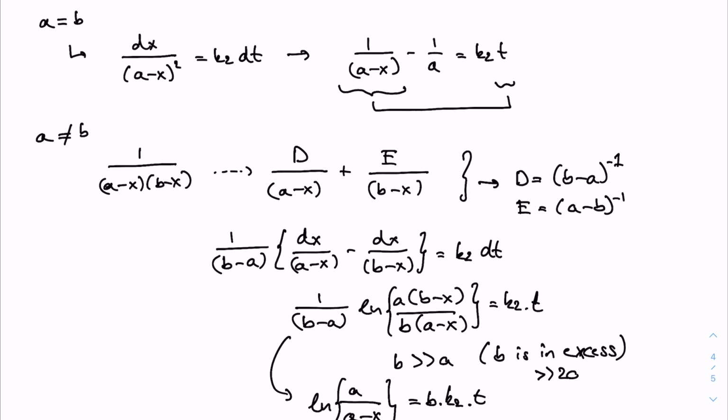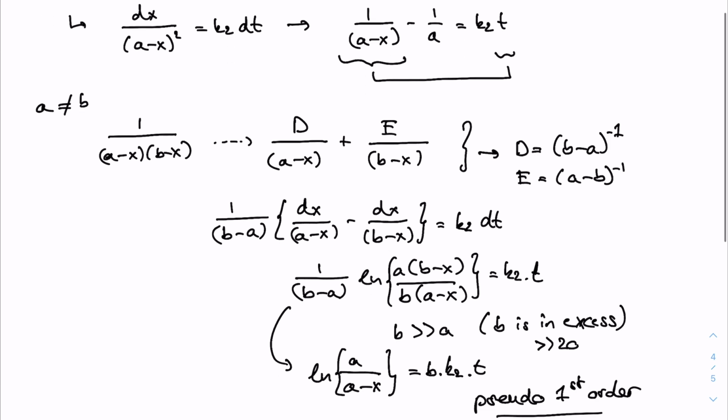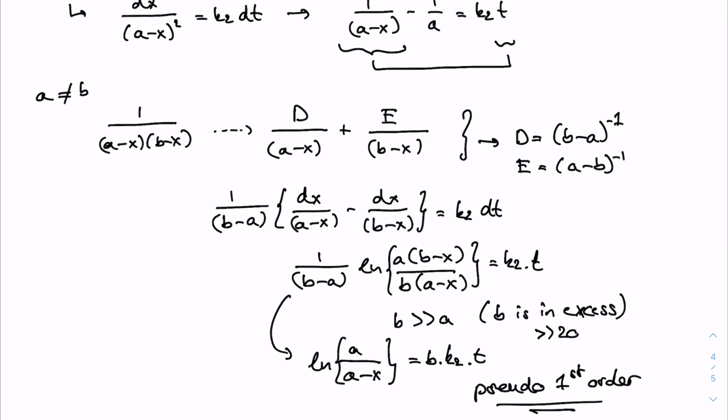So if you work under a large excess of B, the concentration of A will simply reduce exponentially. And so we can say that the reaction is now pseudo first order, even though it's a second order reaction, as we saw.